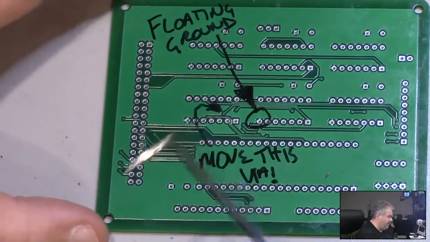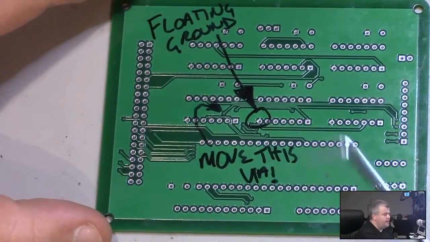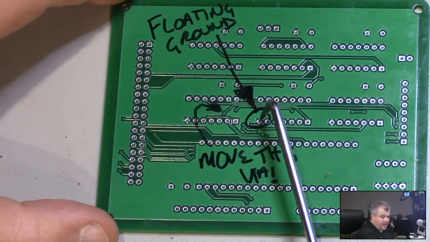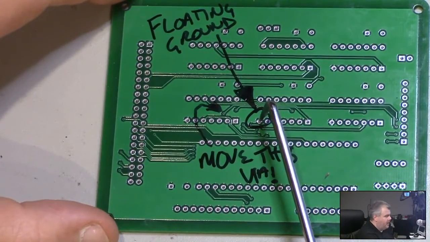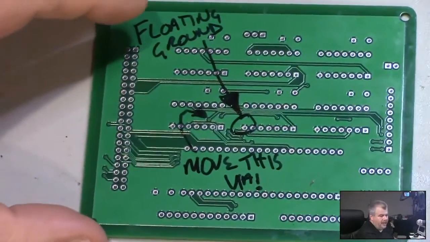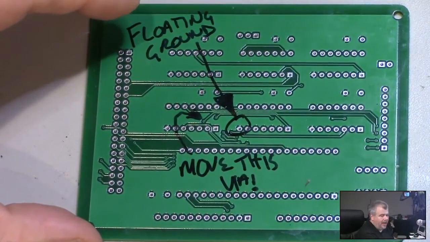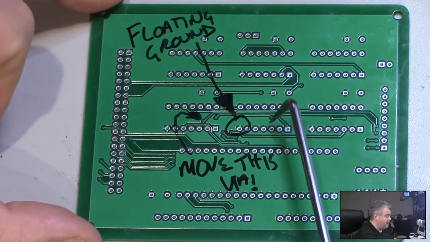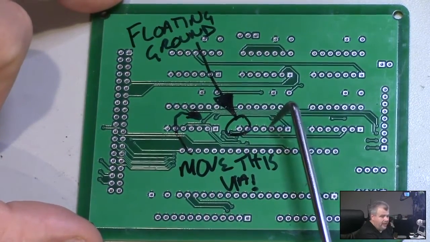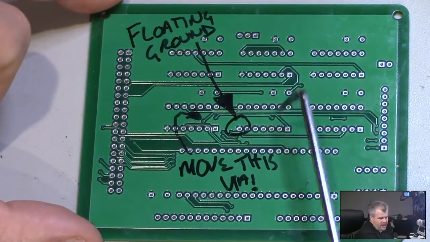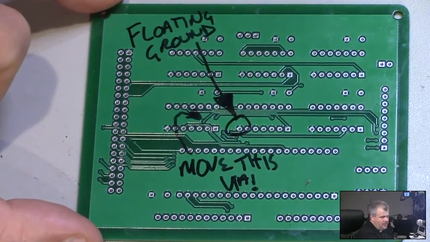It isolated it from the rest of the ground plane. So that meant that this ground pin on this IC was floating, which resulted in all the outputs on this chip, which, if I remember correctly, is a 7408, a quad AND gate, all floating high, which was bad.